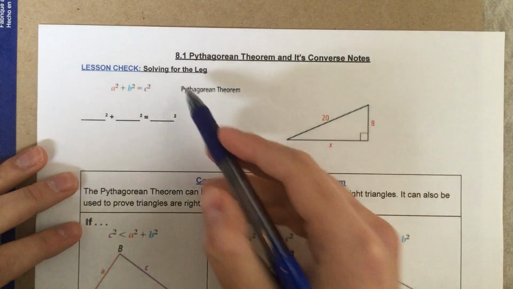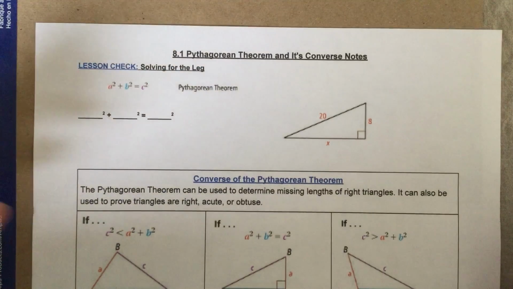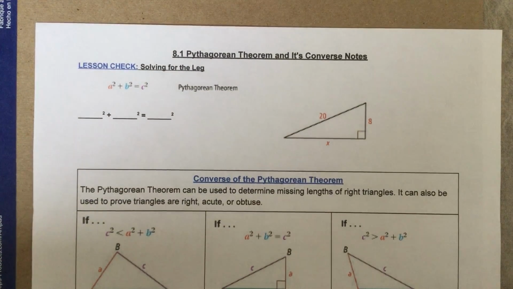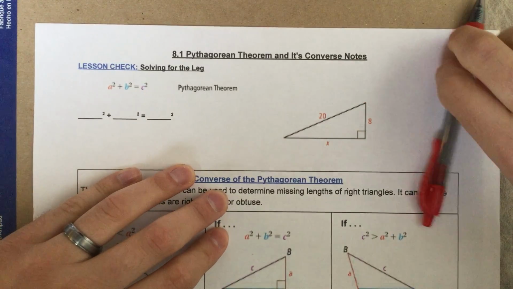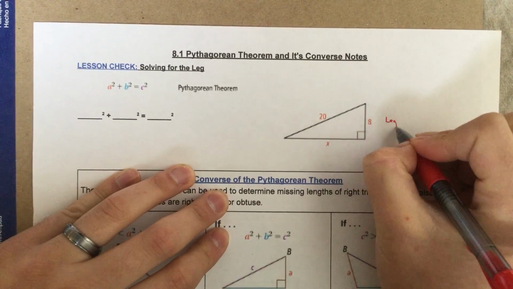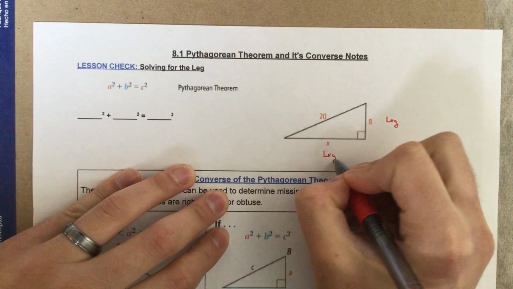Let's look at another example. Solving for a missing leg. Well, first I have to write which parts are which. This will be a leg. This would be a leg.